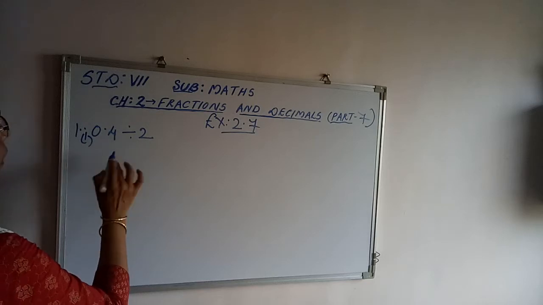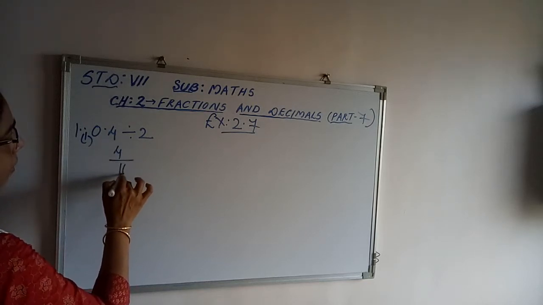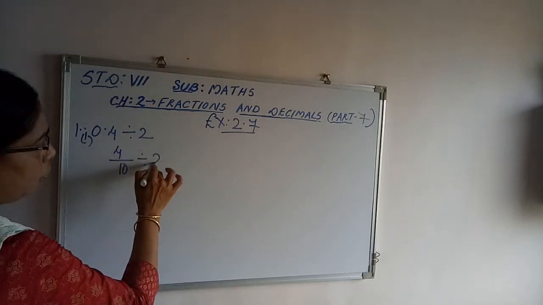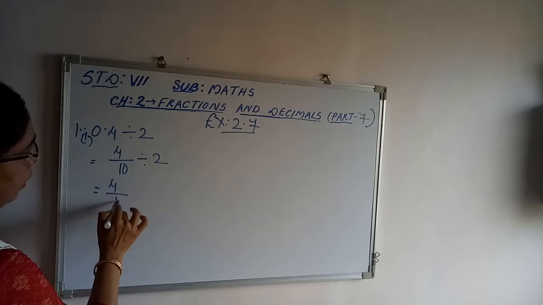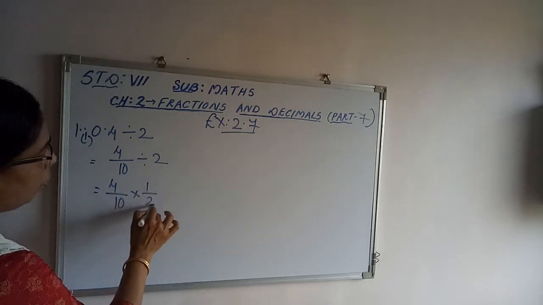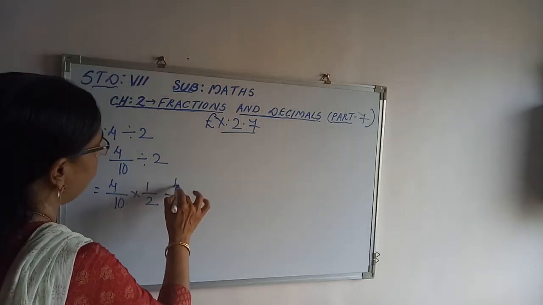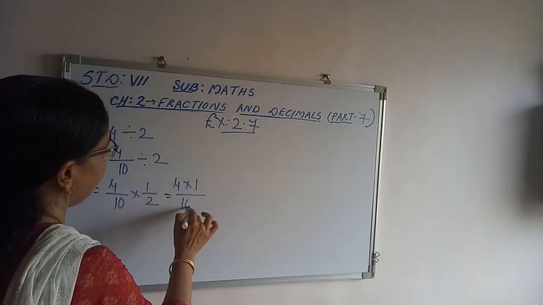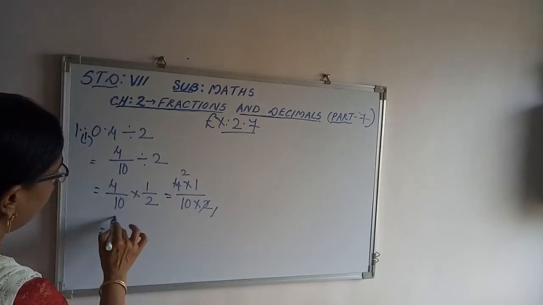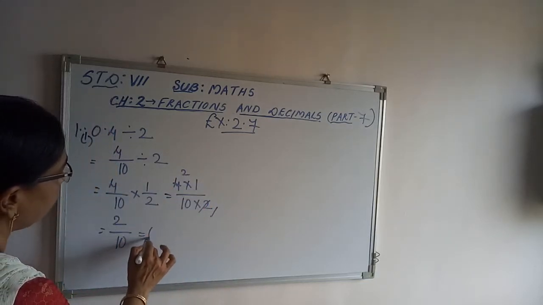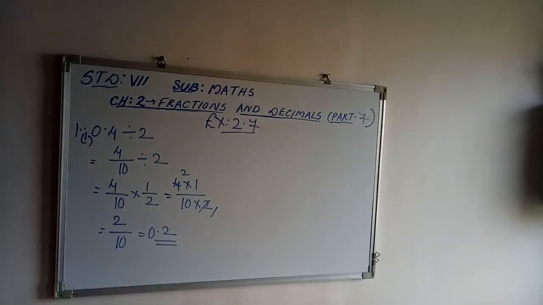See here the first method, 0.4 can be written as 4 upon 10 divided by 2, isn't it? Now that's equal to 4 upon 10 multiplied by 1 upon 2. Division of fractions you have learnt. That's equal to 4 into 1 upon 10 into 2. 2 1s are 2, 2 2s are 2 upon 10 will give you 0.2. This is the first method.